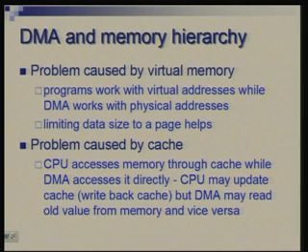So, how does this whole thing work when a memory hierarchy is present? What are the problems caused by the presence of virtual memory? The programs which are running in the processor look upon memory in terms of virtual addresses, whereas the DMA devices will typically work with physical addresses. So, there is a discrepancy between these.